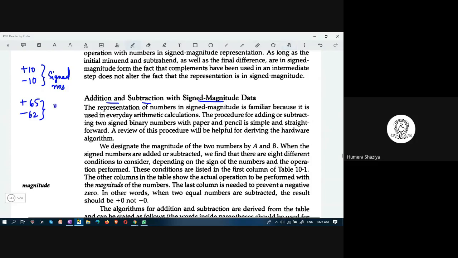Why are they known as signed numbers? Because there is a sign attached to the number. This is plus 65 and this is minus 65. Whenever you have a sign, you get both kinds of numbers, plus and minus.